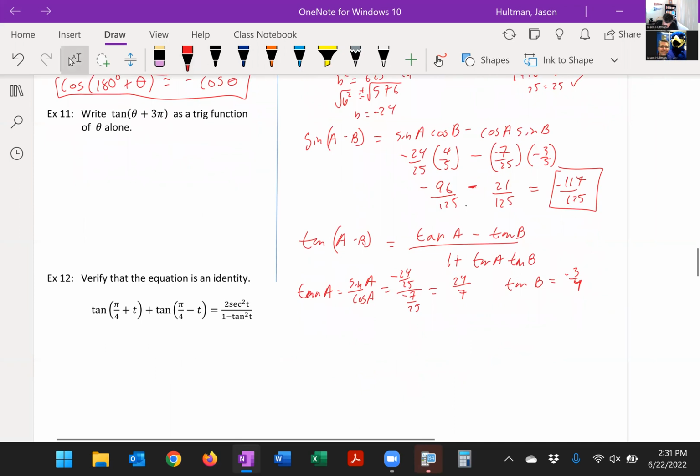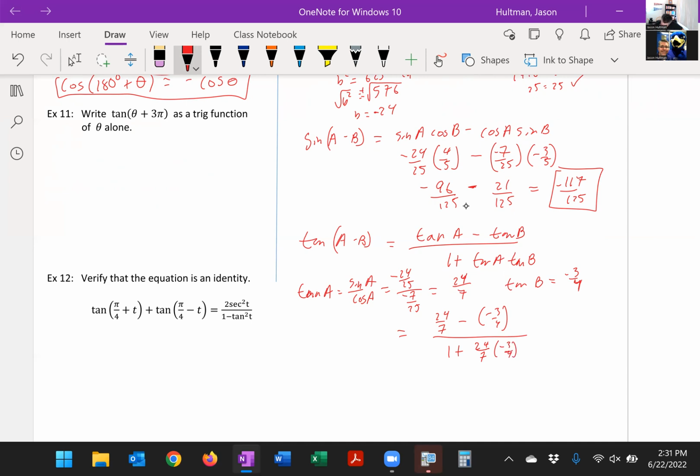Okay, but what's this going to be? This is going to be equal to the tangent of A, which is 24 over 7, minus negative 3 over 4, tangent of B, all over 1 plus 24 over 7 times negative 3 over 4. Sorry, my 4s look like my 9s.